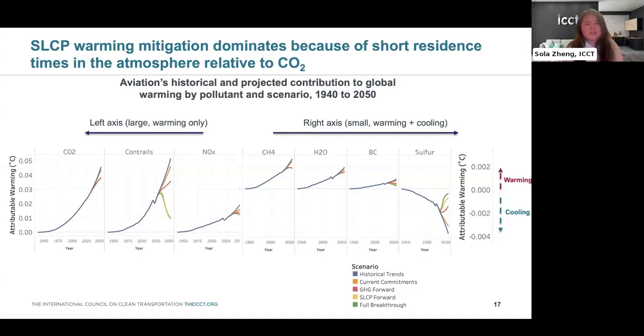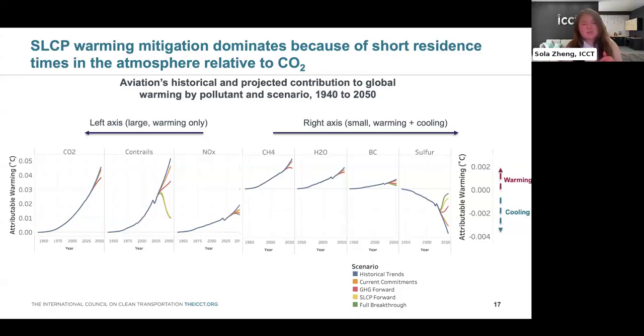And then I think the key trend here is that most of the avoidable warming is really driven by contrail mitigation, where for the full breakthrough scenario, it's about 0.04 degrees of reduction. And then there's only about 0.01 degree of warming reduction from CO2.